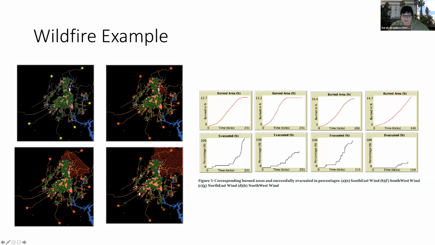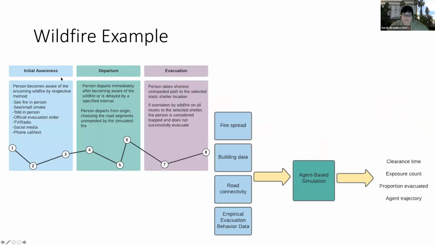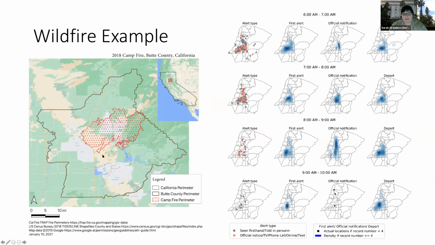If you remember what it looks like, the area here is the town of Paradise, which I'm sure you have probably heard of. But obviously Paradise wasn't the only area afflicted by the Camp Fire. There's also the town of Magalia and Concow and a lot of other small towns around there. But in this map, it mostly just focuses on Paradise.